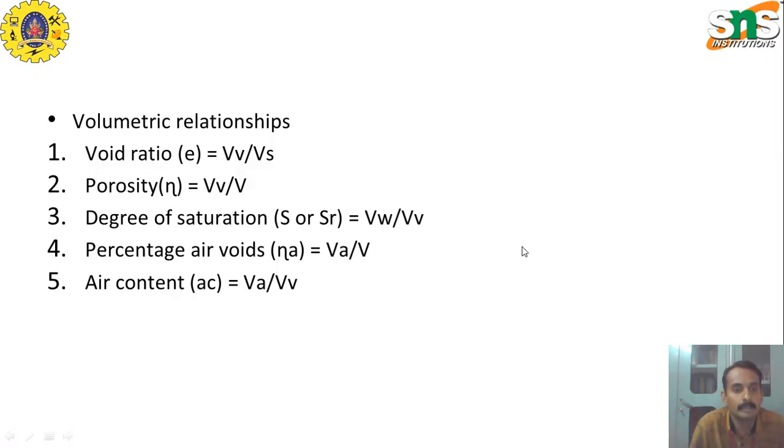Whereas air content is also the ratio of volume of air but to the volume of voids. So that is a slight difference between percentage air voids and air content. If the total volume is considered, it is represented as percentage air voids. If volume of voids alone is considered, it is represented as air content.